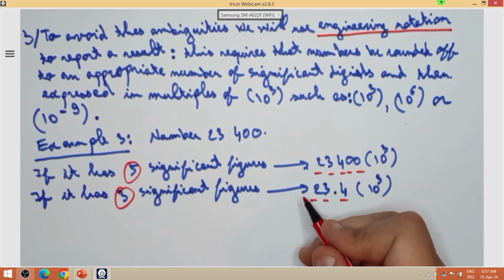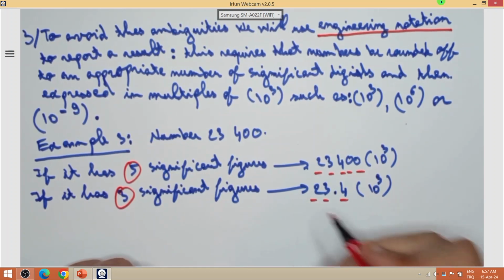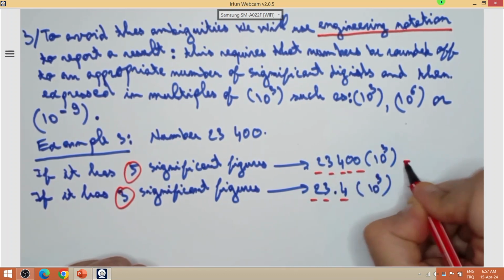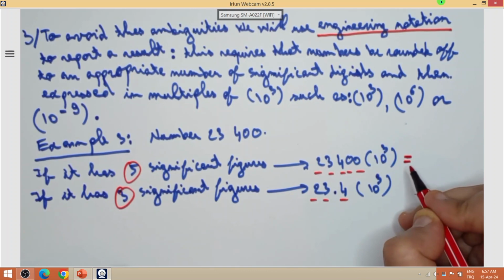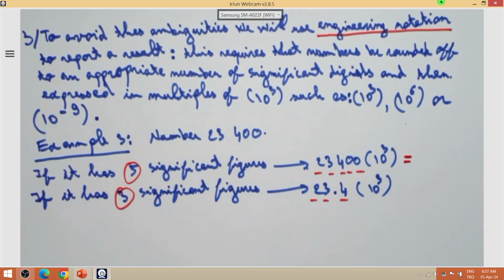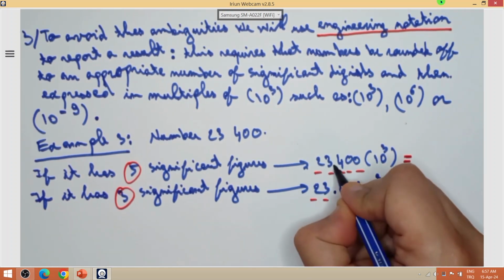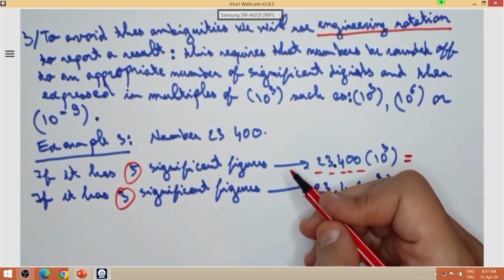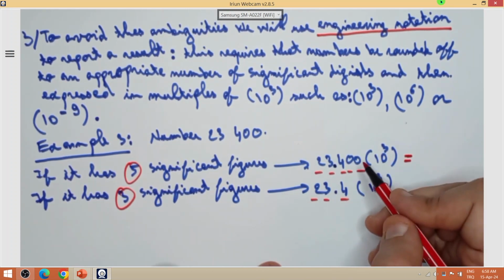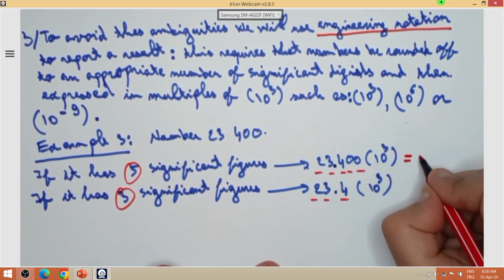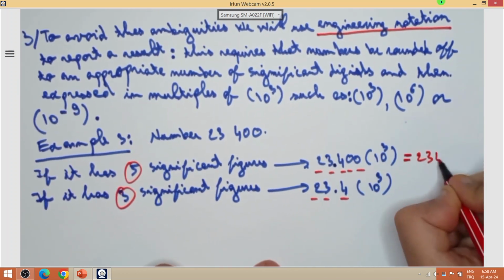But we can see that both numbers will give us the same number. If we do the multiplication here, when writing the number in both ways, we will have the same result. 23.4 multiplied by 10 to the power 3 will give us 23,400.